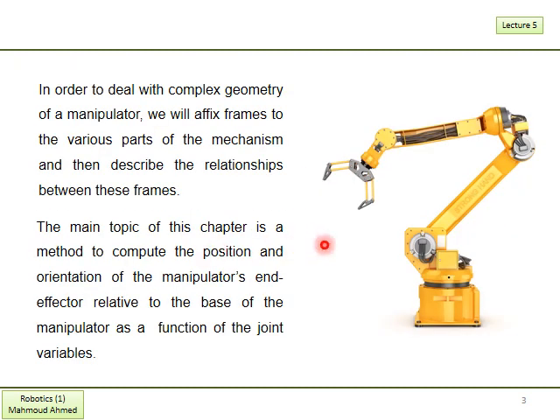So, for such a manipulator here, in order to deal with the complex geometry, we simply affix frames to the various parts and describe the relationship between each frame and the other. For example, in this manipulator, this is the base, this is the fixed base.